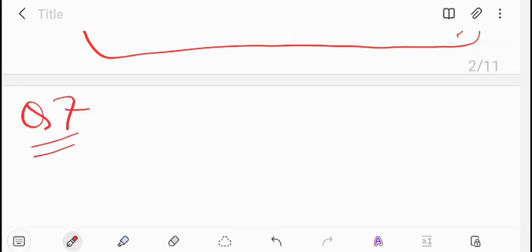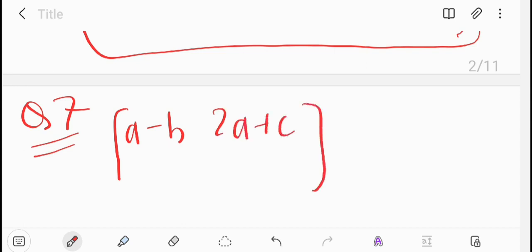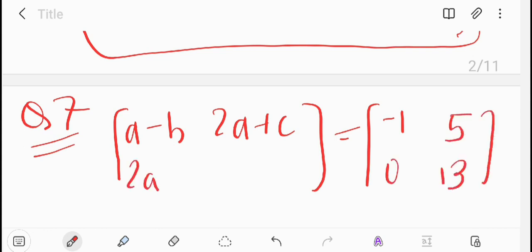So let me first note down the matrices, which is a minus b, 2a plus c. This is equal to minus 1, 5, 0, 13. Here we have 2a minus b and 3c plus d.